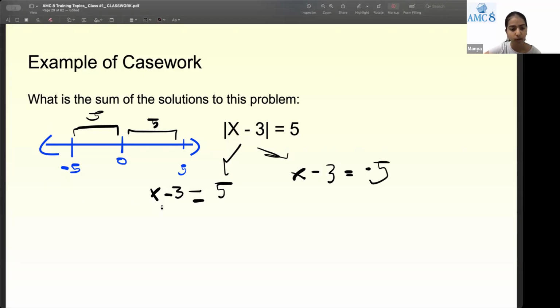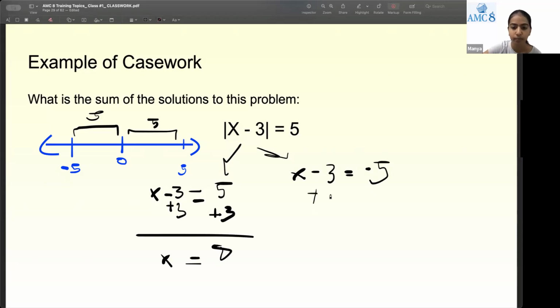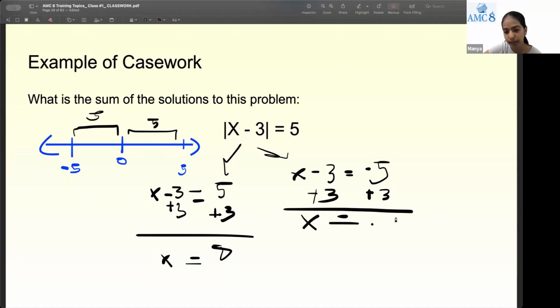Right, so we have this. To solve this, we would just add 3 to both sides, and we get x is equal to 8 for the first case. For the second case, however, we also add 3 to both sides, because we want to isolate x just by itself. So we get x equals -5 plus 3, which is equal to -2.